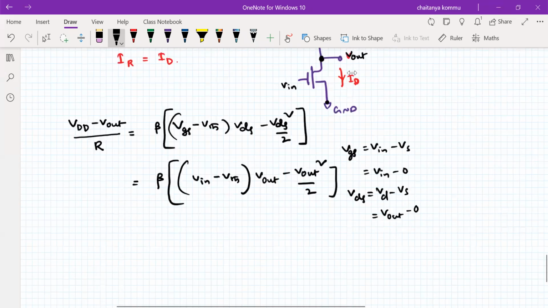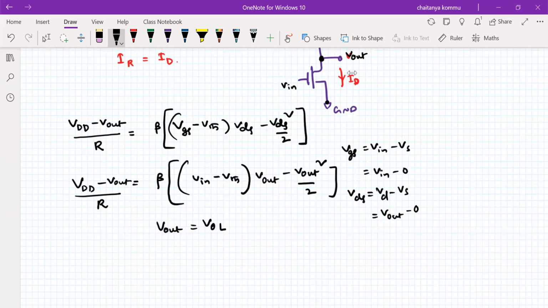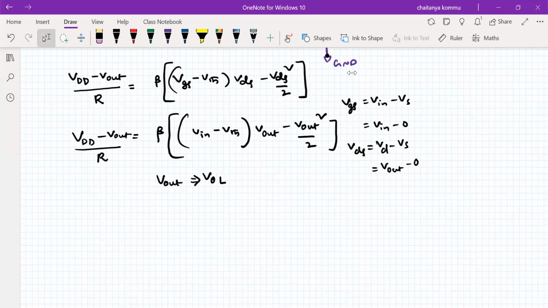So this is how we need to write VDD minus V out divided by R. Whatever V out we calculated here is nothing but VOL only. I can replace V out by VOL. Therefore, it is VDD minus VOL. Please remember that this is VOL.